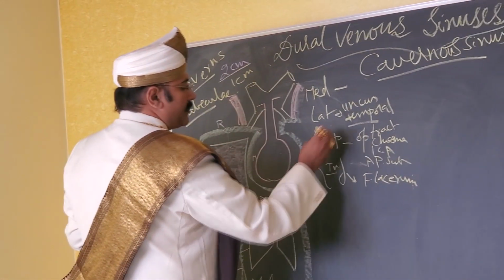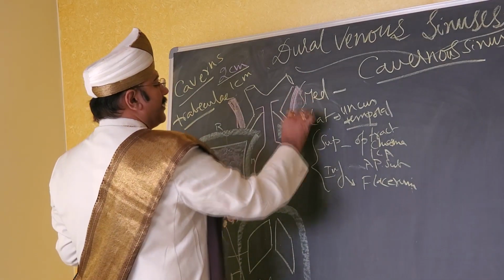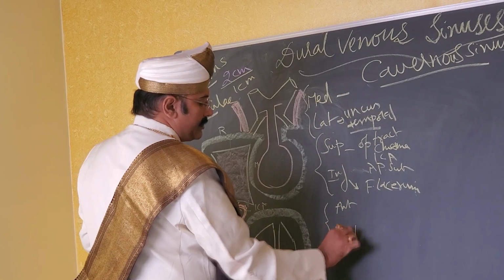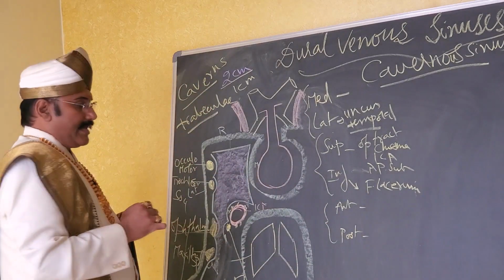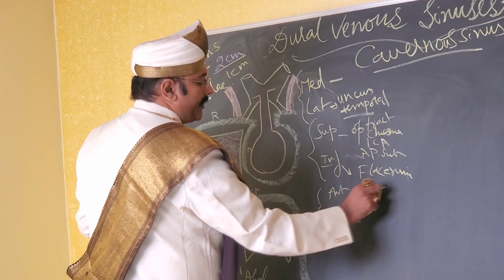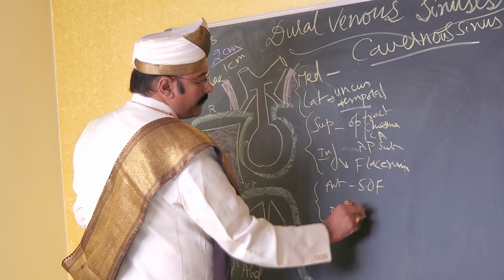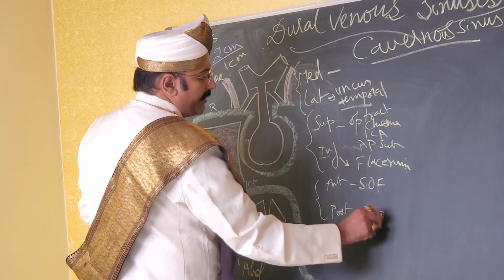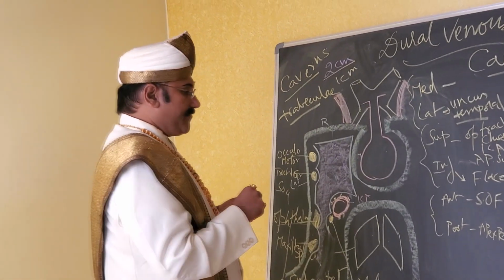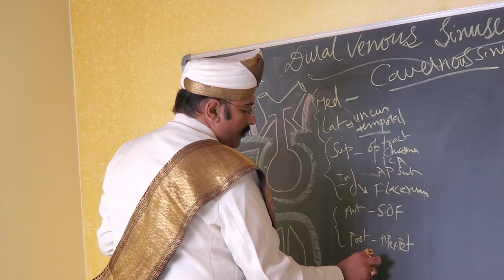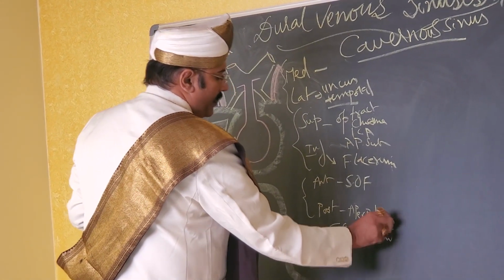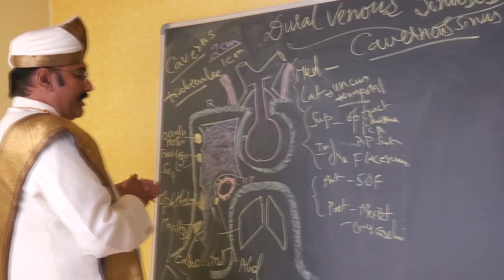After the superior and inferior relations, and medial and lateral relations, let us go with the anterior and posterior relations of the cavernous sinus. Anteriorly it is going up to the level of the superior orbital fissure, and posteriorly up to the level of the apex of the petrous temporal bone. Here you will get the crus cerebri of the midbrain posteriorly.